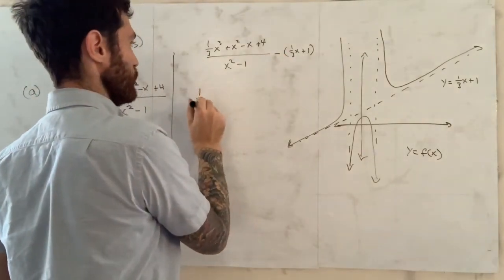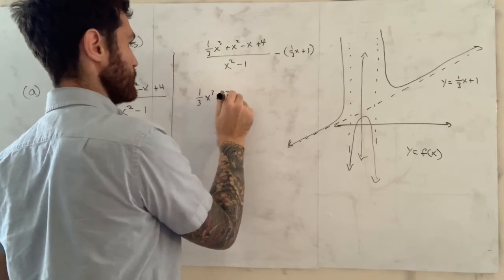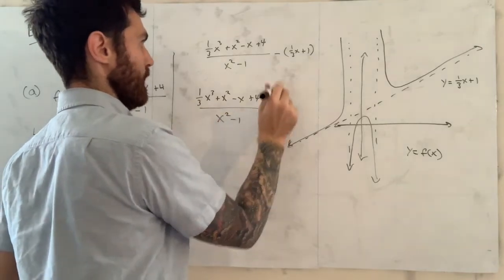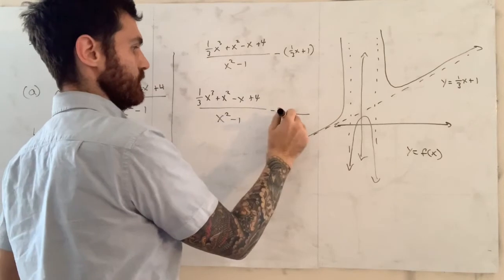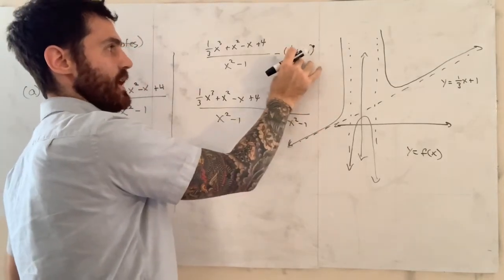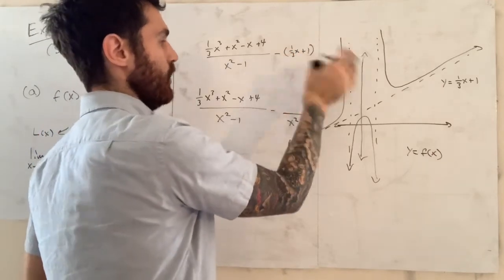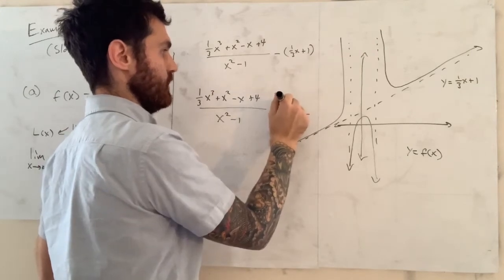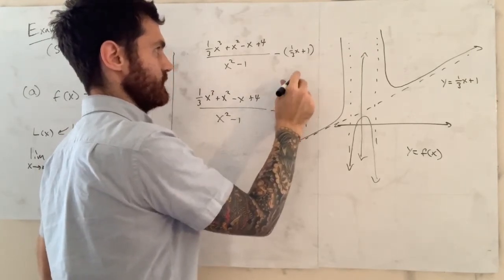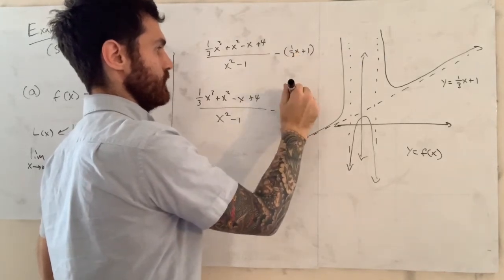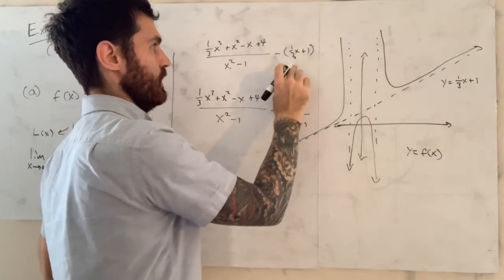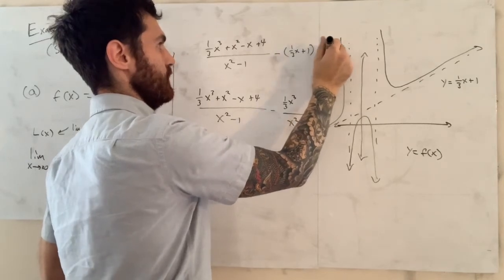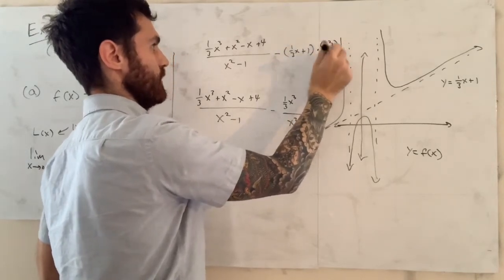So I'm going to write (1/3 x cubed plus x squared minus x plus 4) all over (x squared minus 1), minus (1/3 x plus 1) times (x squared minus 1) over (x squared minus 1).